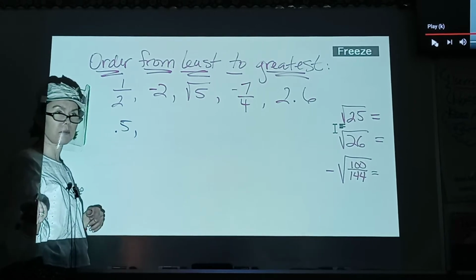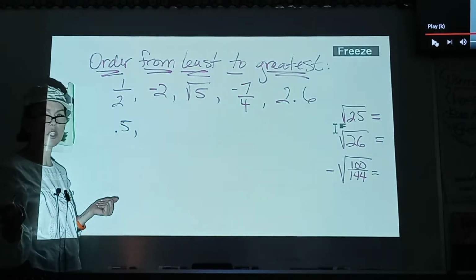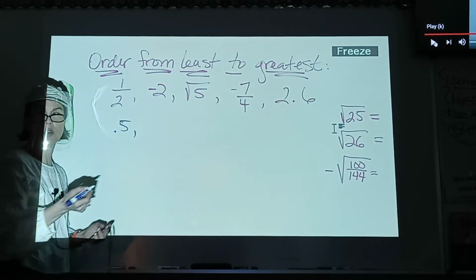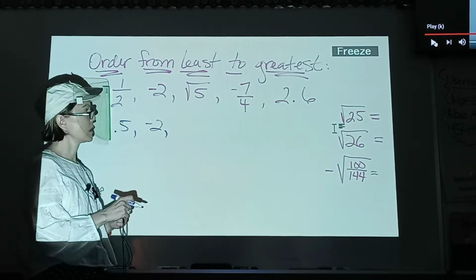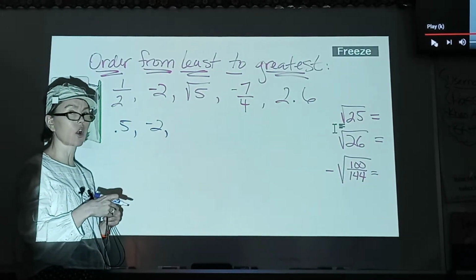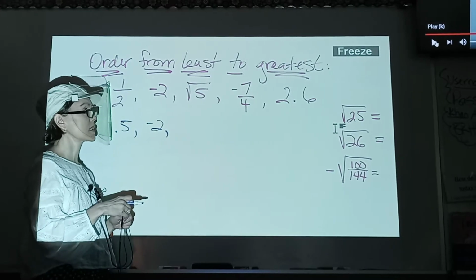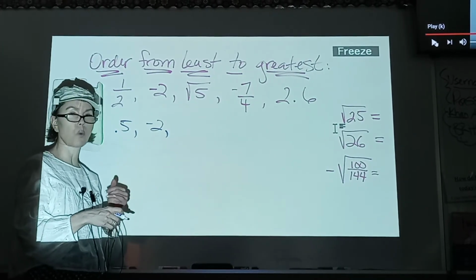Are you all with me? Yes? Now, -2, anything to change there? No, nothing to do. Write your -2. Okay? Next one, radical 5. Now, you guys may need to learn how to take the square root of a number with these calculators. You can do one of two things.